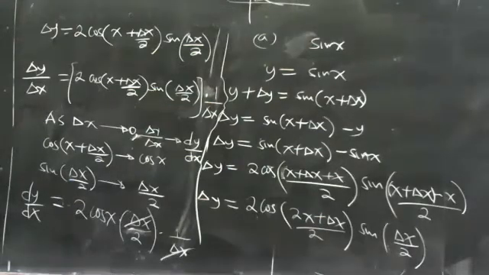Teacher, on the sentence where we got cos x, I've understood why you said we go to the second, and then we shall get the value cos x plus the dx is equal to cos x. Teacher, where does the 2 go?